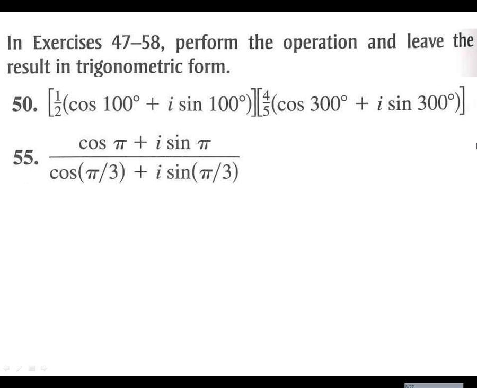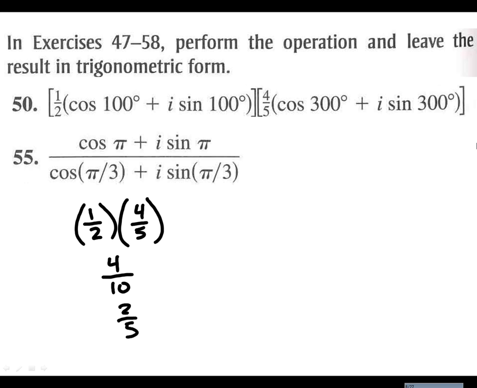All right, problem 50. So we're going to start multiplying here. We're going to multiply 1/2 cosine 100, I sine 100, times 4/5 CIS 300. So here's what we do. We're going to multiply the R numbers on the outside. 1/2 times 4/5, and we're going to get 4/10, which reduces down to 2/5.